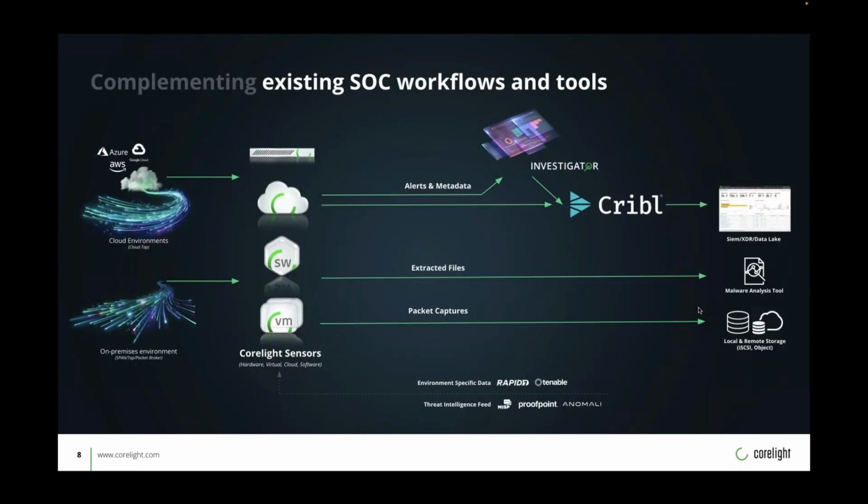So moving ahead with that, this is the kind of approach that we see from our Corelight customers. On the left-hand side there, we have all the different environments where we collect data from, whether that's cloud or on-premise. We have the different types of network sensors, so physical, virtual, software, cloud, and they pull in all of that information.